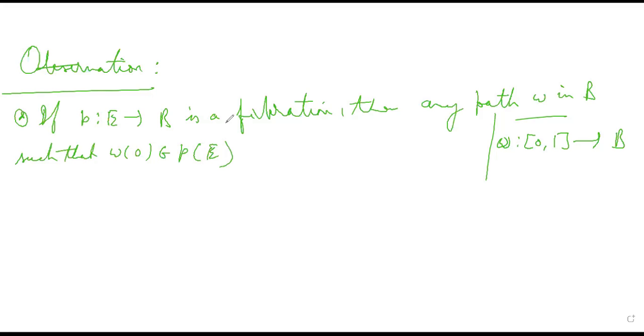If we have a fibration and a path omega in B such that its starting point omega 0 is in P(E), then any such path omega in B can be lifted to a path omega prime in E.